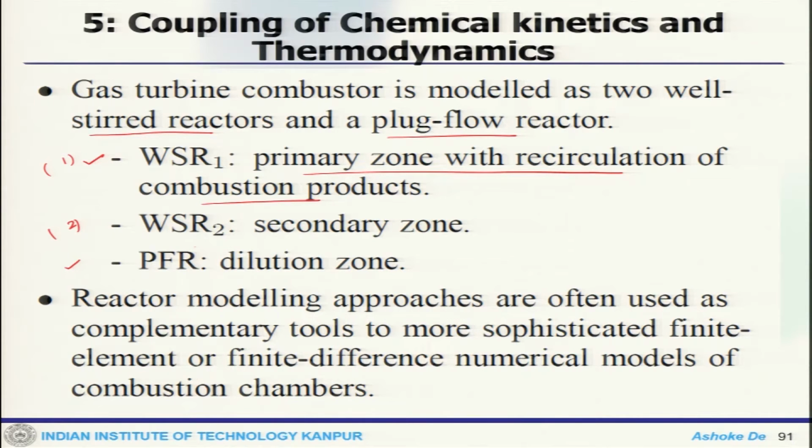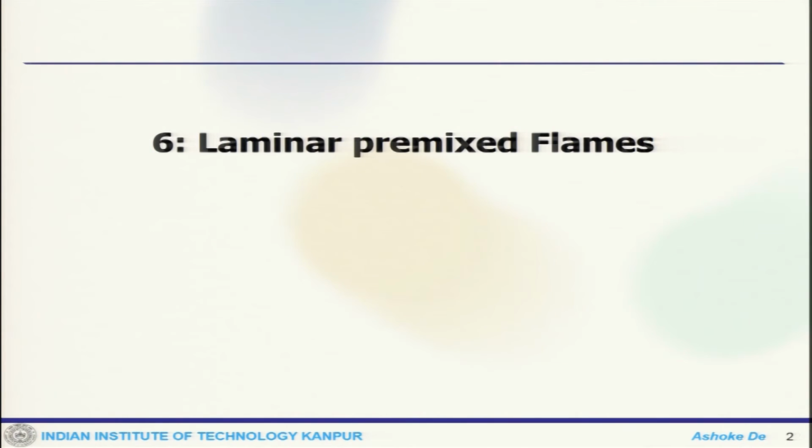discussion. Because now we have finished all these basics of combustion, basic thermodynamics, basic properties, now we will go to a very specific thing, premixed flame, and laminar premixed flame. That means this talks about two things.